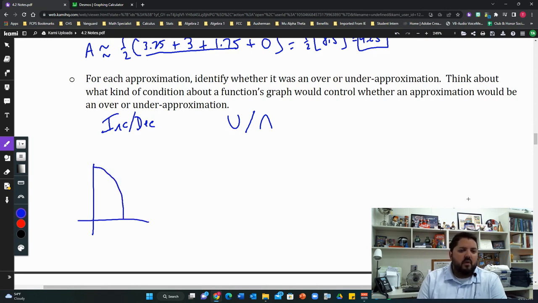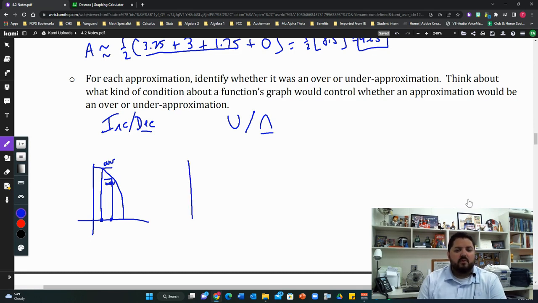If we draw a decreasing concave down curve, it doesn't have to be at any specific point, but if I just make two arbitrary marks here, if I go to the left edge to make the rectangle, I'm going to stick out above, which means this is the over. And if I were to go to the right endpoint, I would stay under the curve, so that makes this the under.